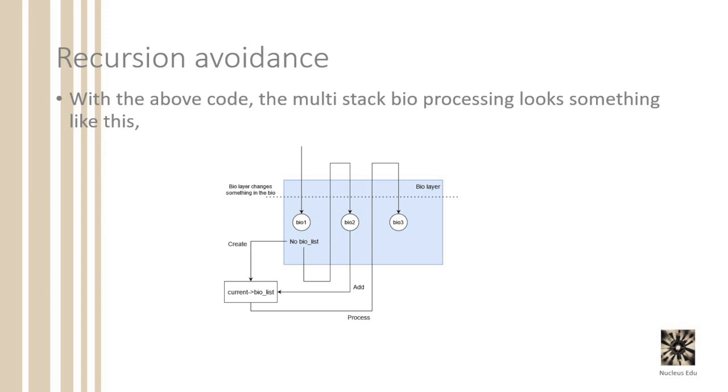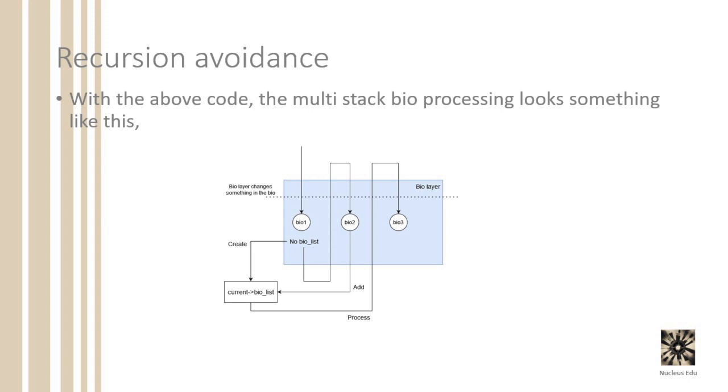When it goes to the second block device, which is the second call into the block layer, it sees there is already a current bio list present. If you remember previously in the function, if there is a current bio_list, it just adds to this list and returns from there.